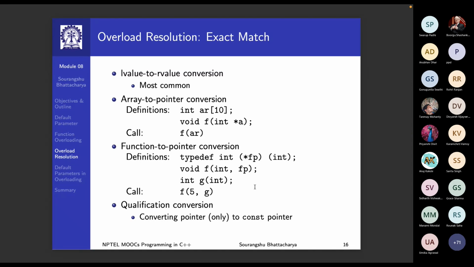One of the uses I can tell you is this. Suppose you have an array, and you have two versions of a functionality, and depending on some information, you want to call a particular version of the function.